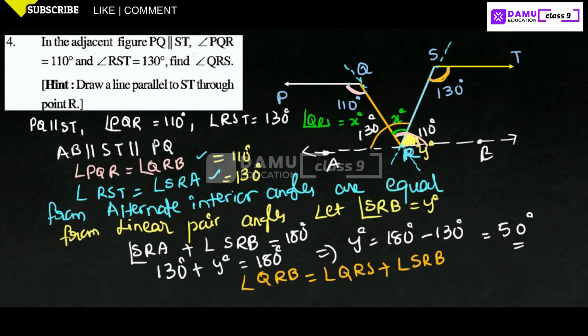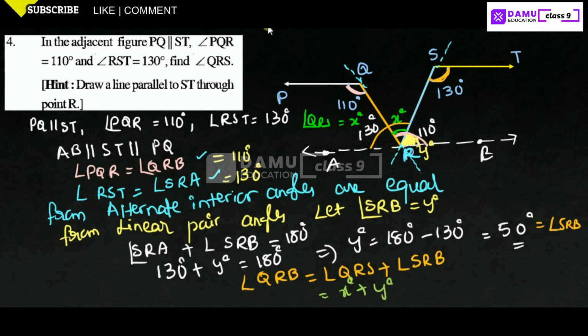SRB is nothing but y. So angle QRB is equal to angle QRS, which is x degrees, plus SRB, which is y degrees.